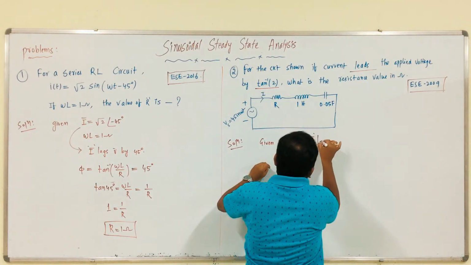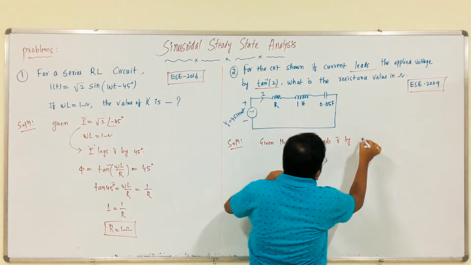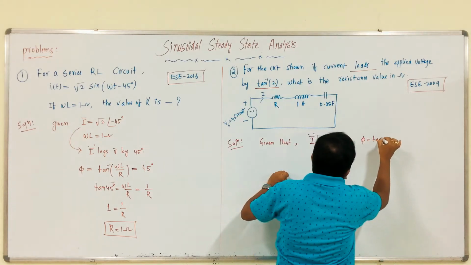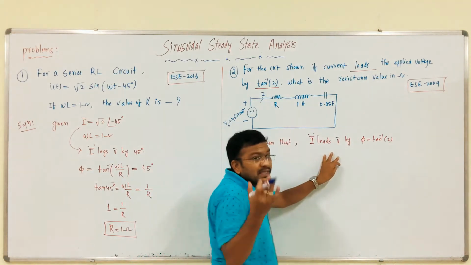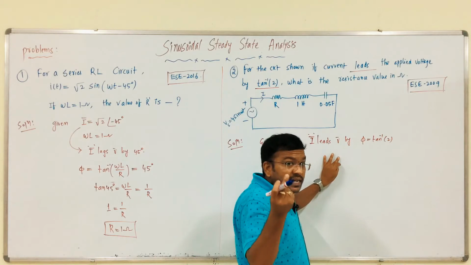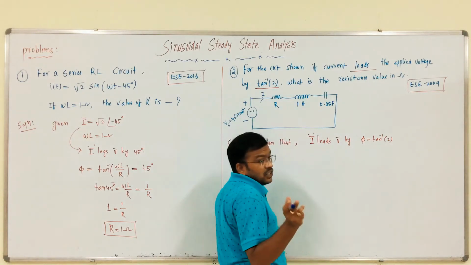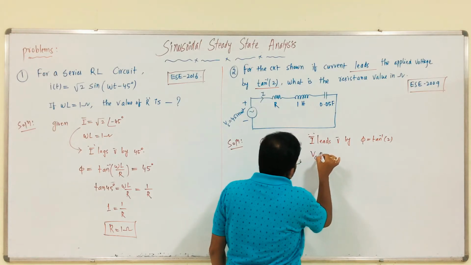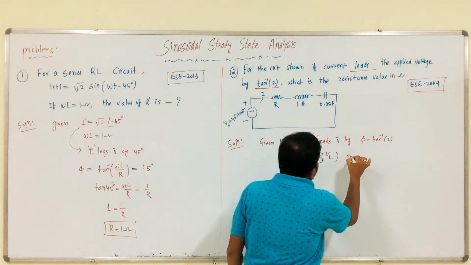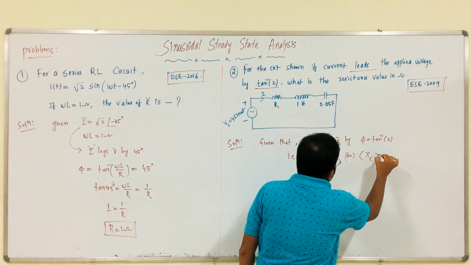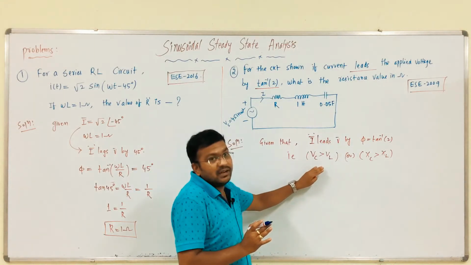Current leads voltage means the capacitance effect is more than the inductance effect. Therefore, we take the condition Vc more than VL, or Xc more than XL. Clear? Like that you have to take the condition.